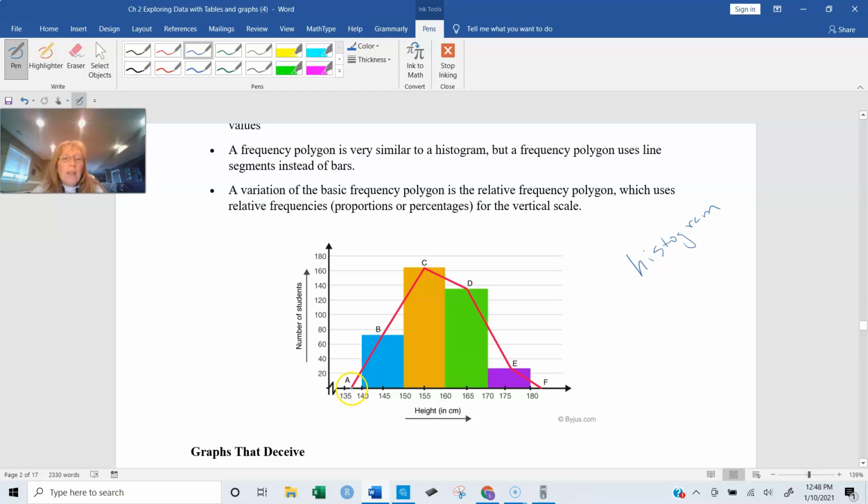So my midpoint is here, here, here. You're looking at the C, so the middle from here to here, the middle of D, and the middle of E, and then you go back down to the middle of where F would be, and you just connect them. So the red line is actually your frequency polygon. It's always created from the histogram.